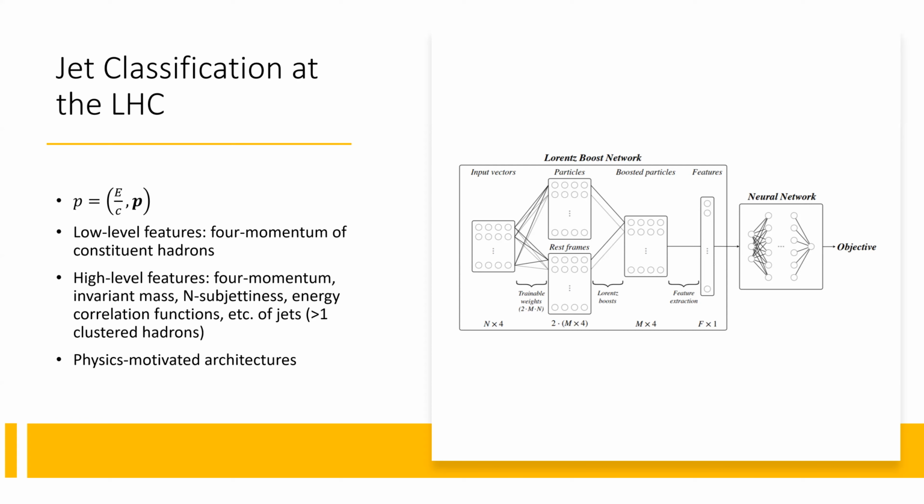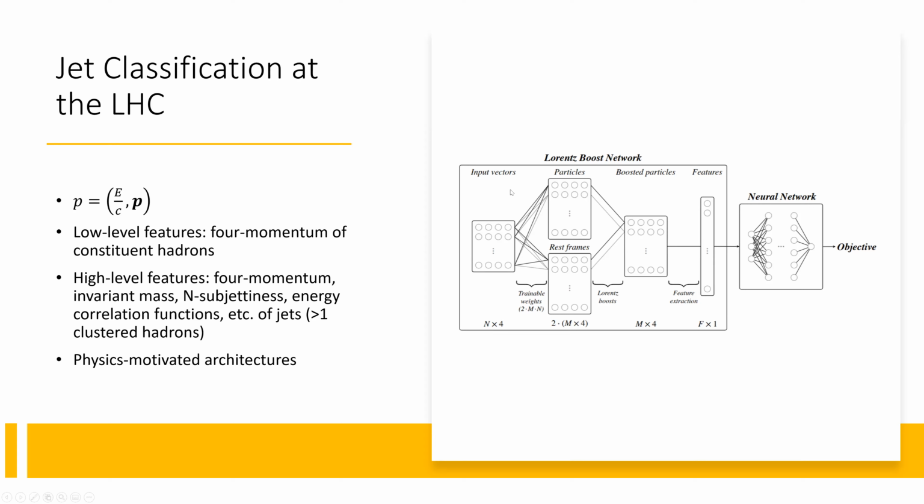High-level features are the properties of the entire jet that they're a part of. And using these features, we can construct physics-motivated architectures to have the input be, for example, these low-level features, and the output will be a multi-class classification, which tells us what kind of particle that this jet originated from.